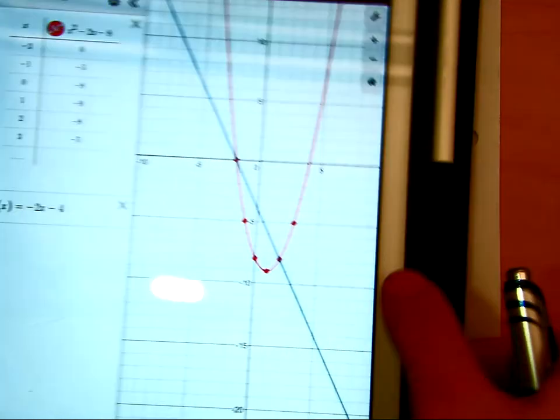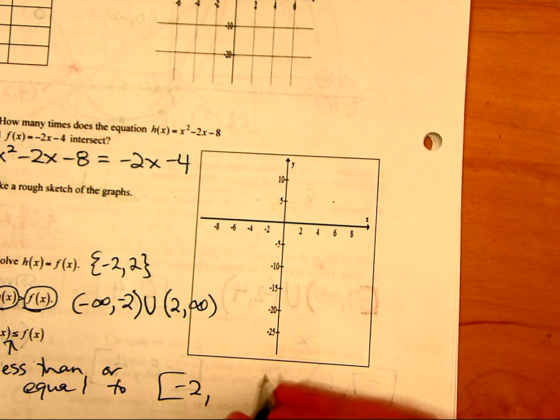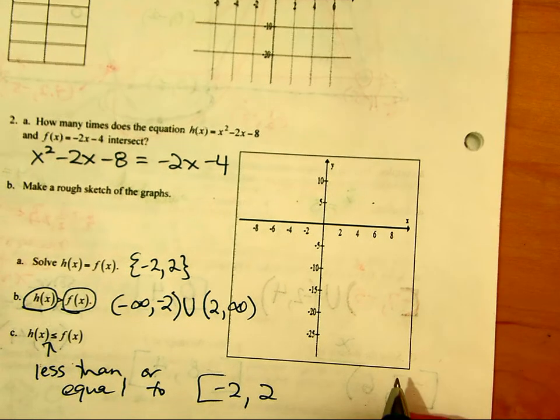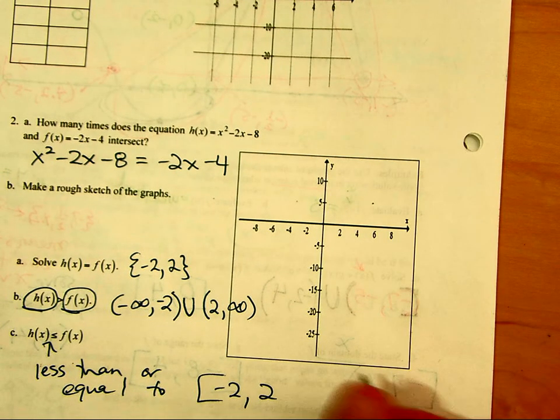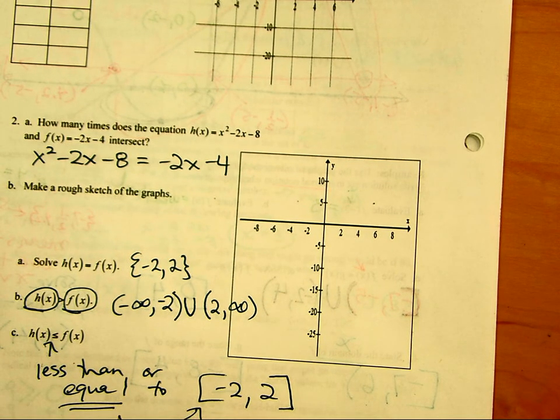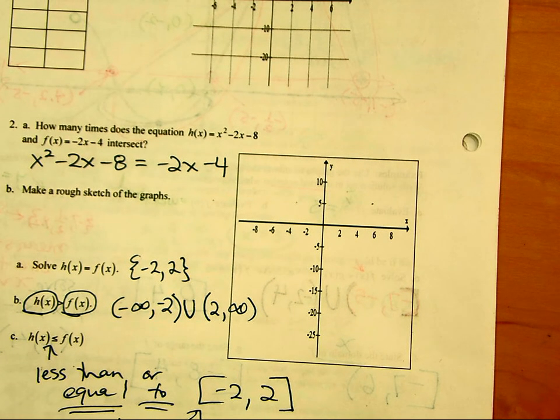Say it. -2 to 2. Now, should I put brackets or should I put parentheses? Why brackets? Less than or equal to, so we would include those endpoints, right? Any questions about this so far? Wonderful.